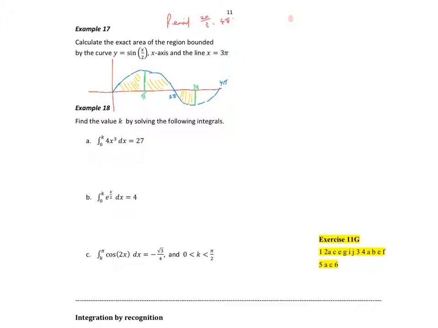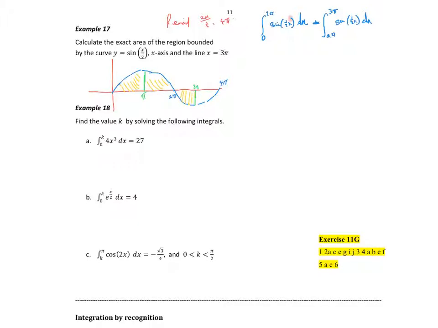So I absolutely could do the integral from 0 to 2 pi of sine 1/2 x dx, plus, instead of 2 pi to 3 pi, well, let's minus the integral from 2 pi to 3 pi of sine 1/2 x dx.